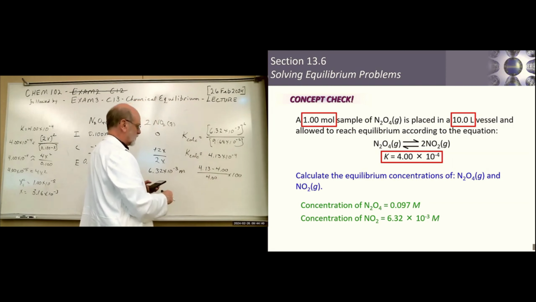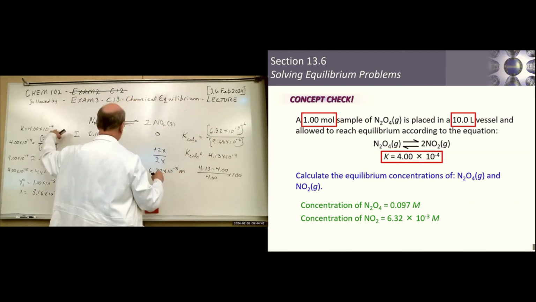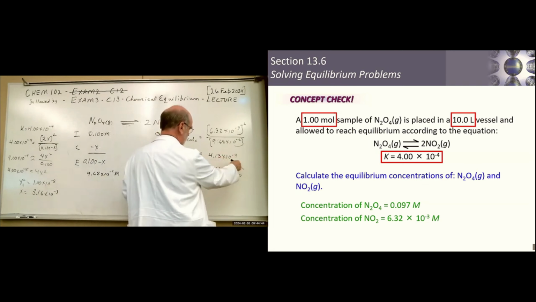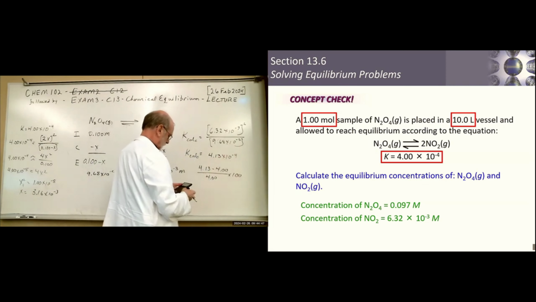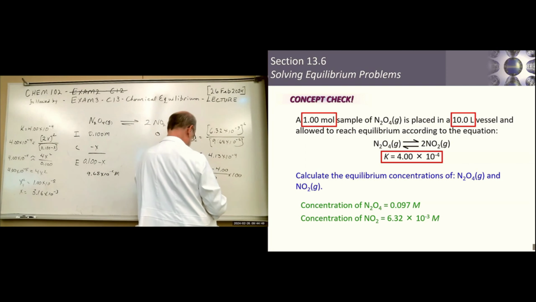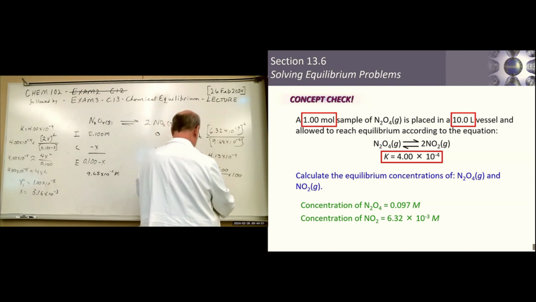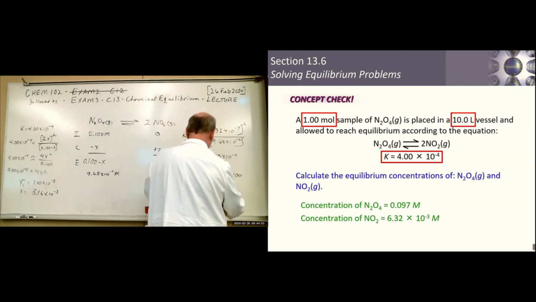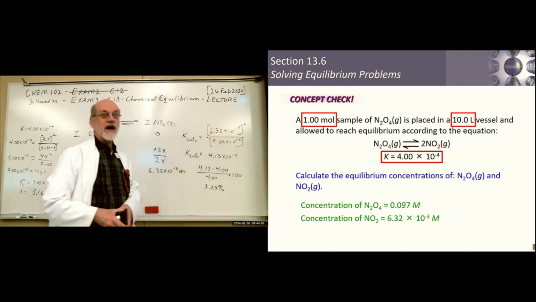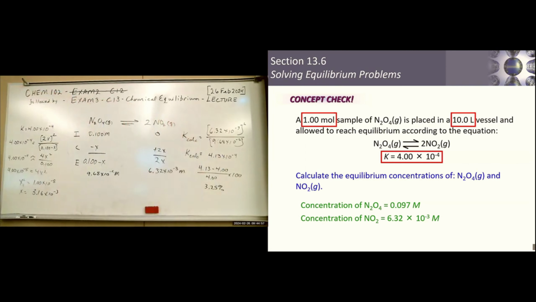And the reason I can do that is because they're all the same power, so those cancel out anyway. So 100 times that, I get 3.25%. So we're less than 5%. We're justified in making that approximation.